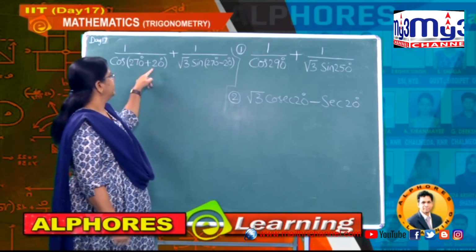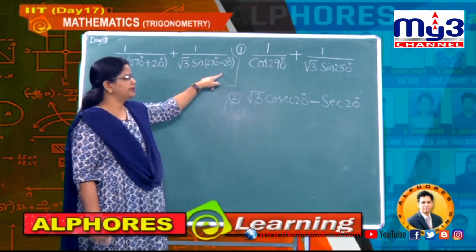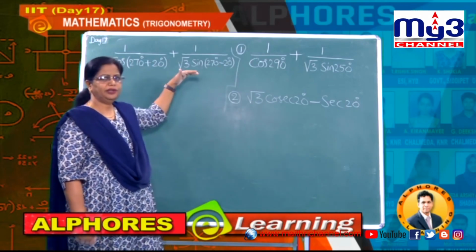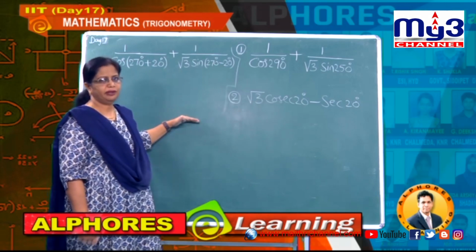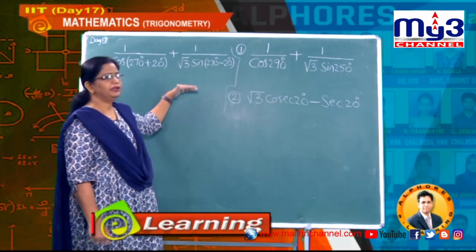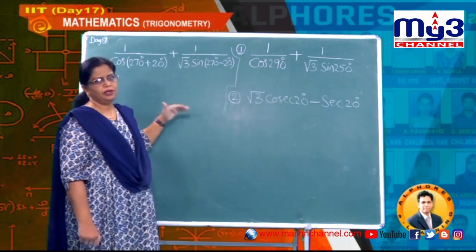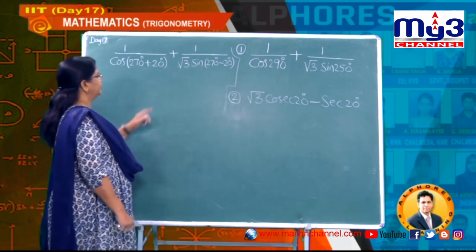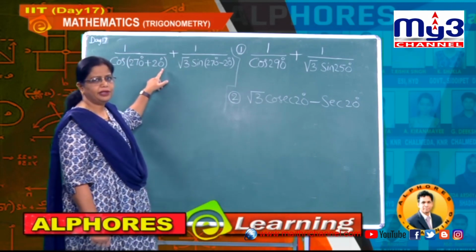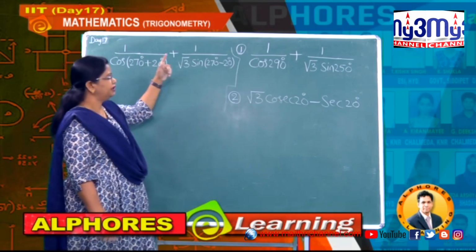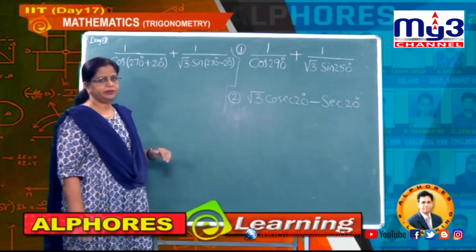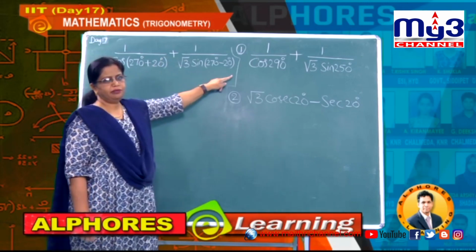Otherwise, if you write some other value, you need 2-3 more steps. You will get the right answer, but with more steps. That's why in the beginning itself be cautious that whatever acute angle you reduce to, let it be the same acute angle as much as possible.